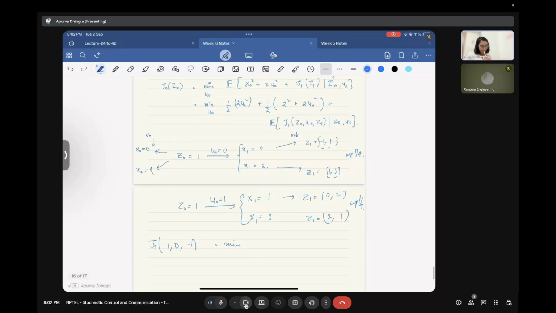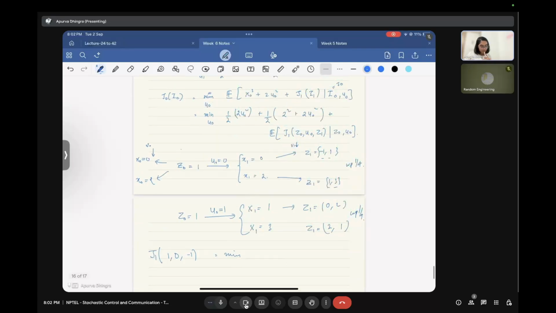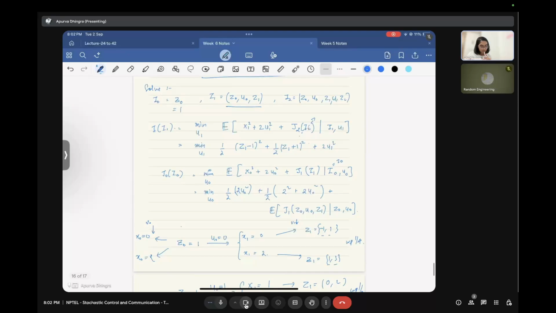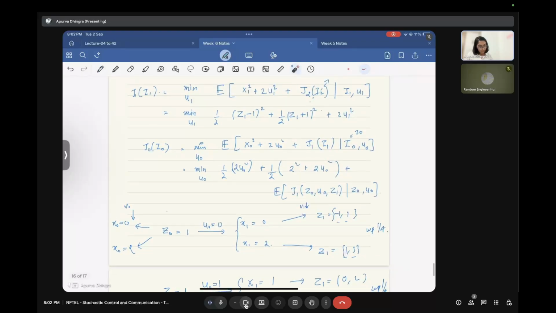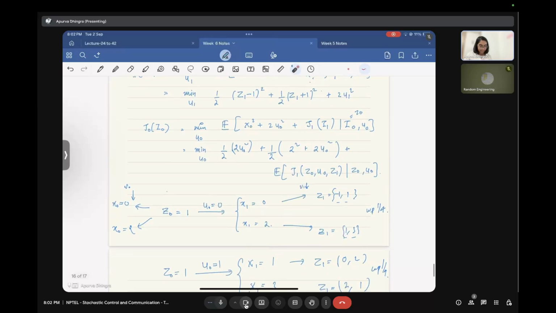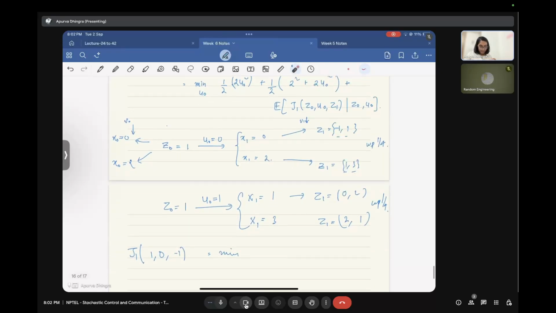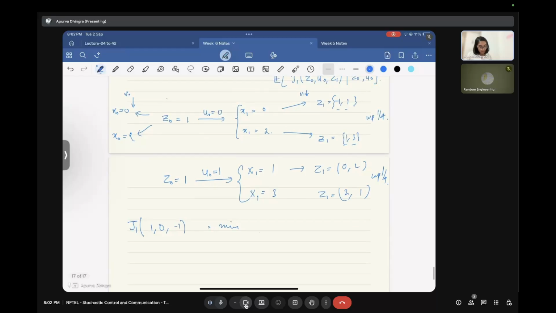When you want to minimize over u1, okay, anyway, ultimately you're supposed to minimize over u1, so you will take in these values and plug them here.